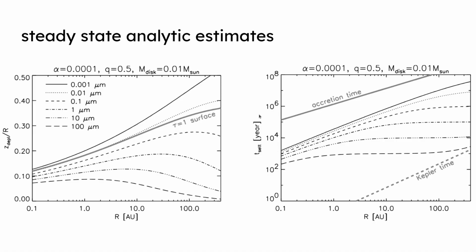Also, if we look at the settling time scale, it's longer, but it still holds that it all has time to happen before the accretion occurs. And also, at smaller radii, in the inner part of the disk, the settling is faster than in the outer part of the disk.